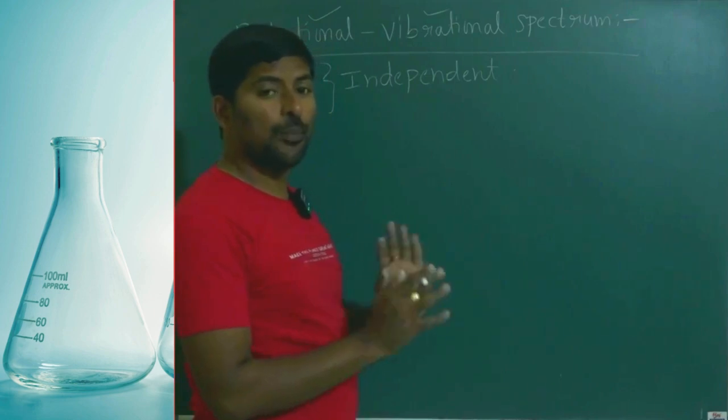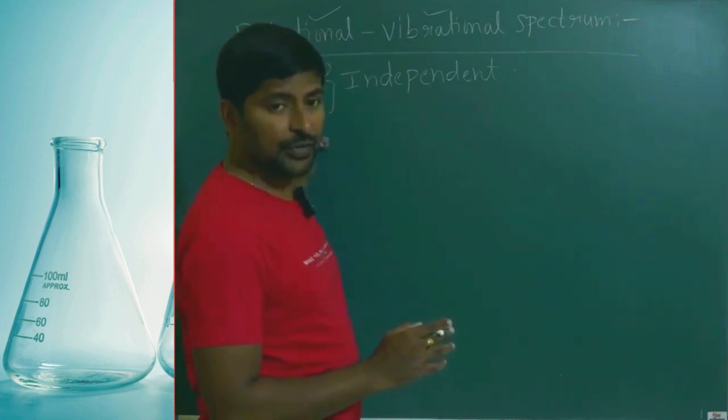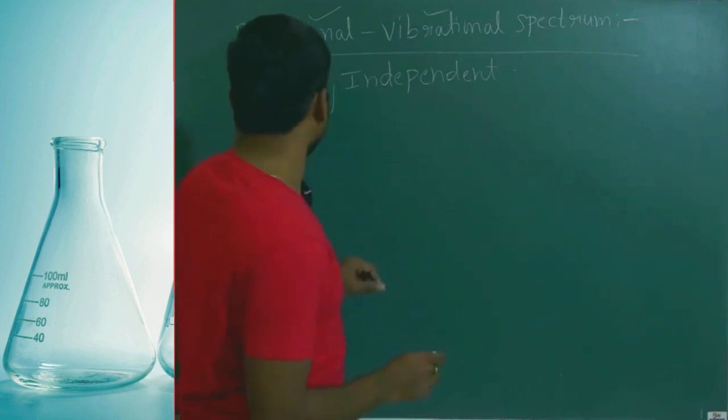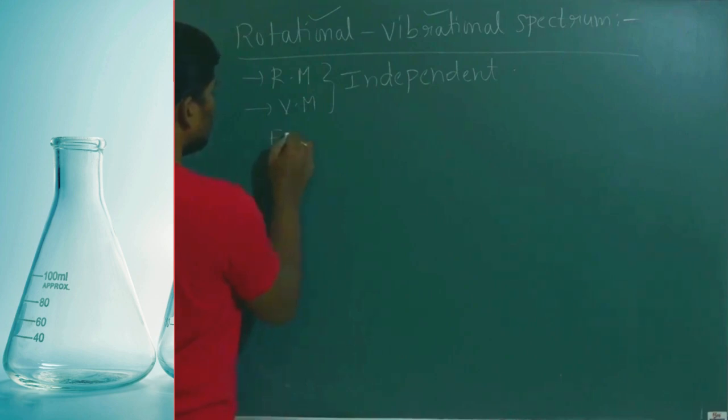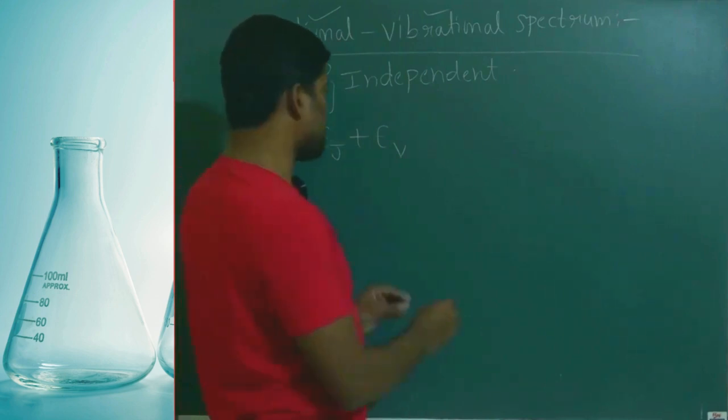Independent means no coupling and no interactions between rotational and vibrational motions; both occur independently. Then the total energy of the molecule is given as the sum of the rotational energy and the vibrational energy.